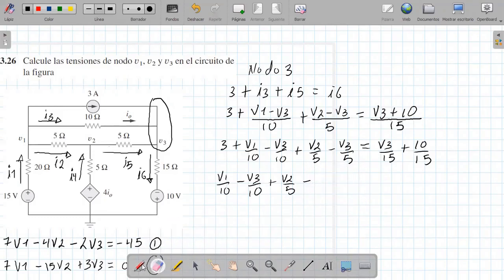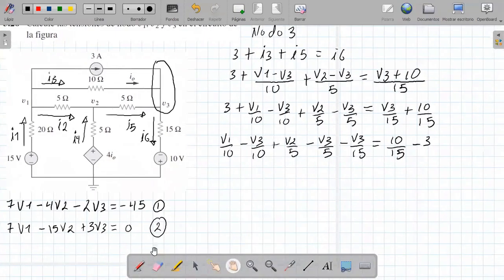This minus V3, that, it's 3/5. If we go here, what does this one have? Positive sign goes to the other side. It would still be minus 3/15 and here I would have 10 over 15. This is this and I will pass this 3 over there.